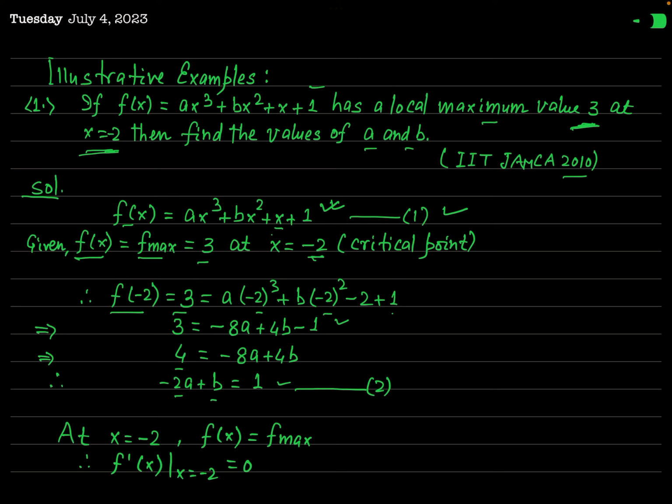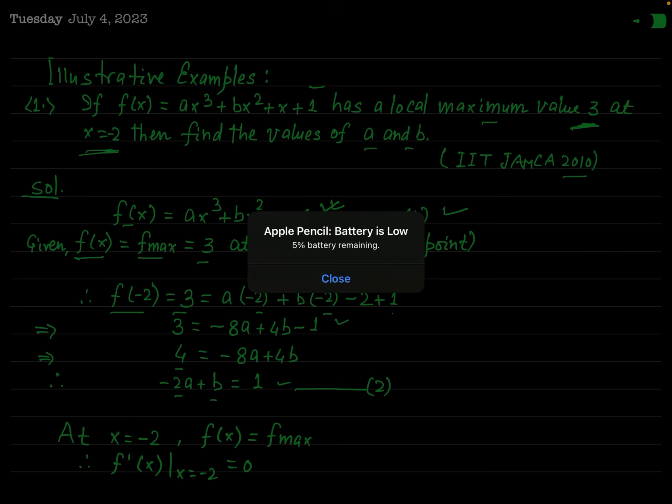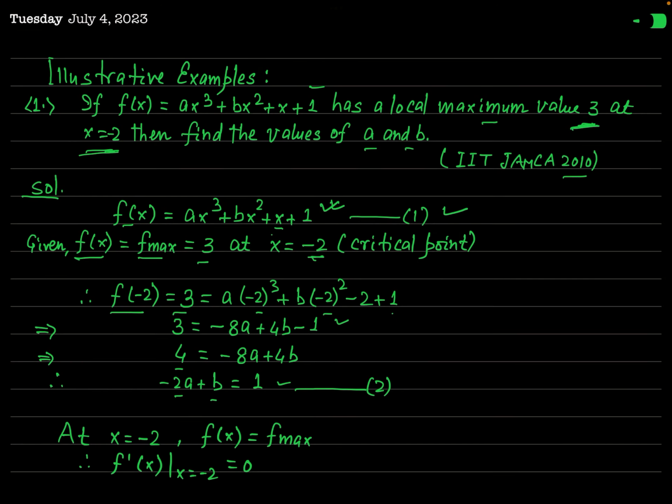Now we have one equation containing a and b. So if there is another equation containing a and b, then it will be possible to evaluate the value of a and b. Now let us see that x is equal to -2 when the function is maximum.